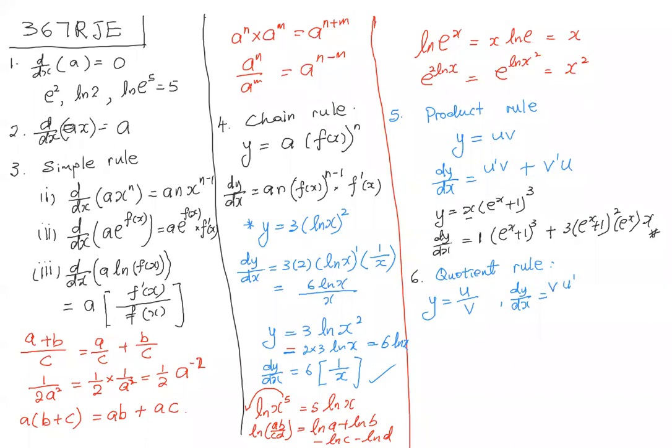Differentiate the top times by the bottom, take away the top times by the differentiation of the bottom, divide by bottom square. And I will say that if it's a quotient, please use the quotient rule so that it's easier for you to simplify. Are you clear?